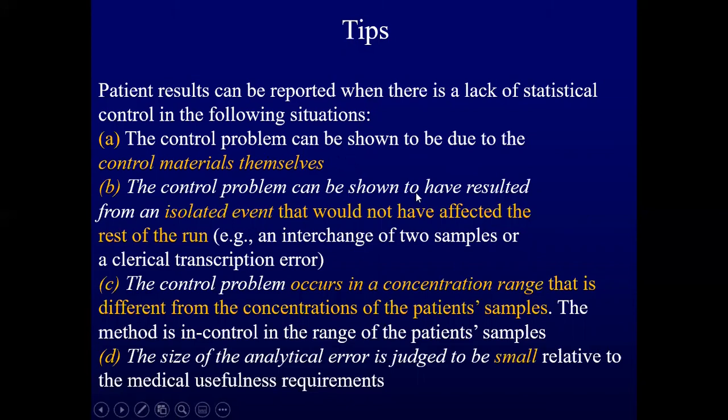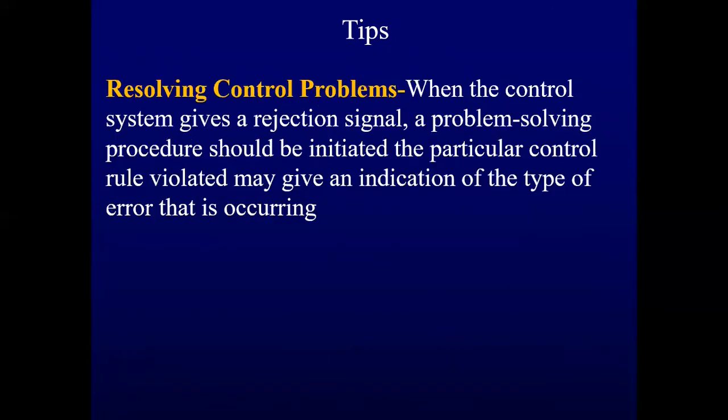The control problem can be shown to have resulted from an isolated event that would not have affected the rest of the run of the patient samples. The control problem occurs in a concentration range that is different from the concentration of patient samples. The size of the analytical error is judged to be small relative to the medically useful requirement. These are certain scenarios in which, even though the situation is out of control, we can report the patient results. But we should be very cautious and we should consult the supervisor or the quality manager.